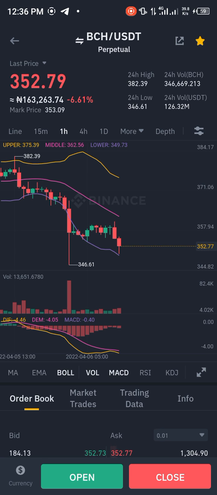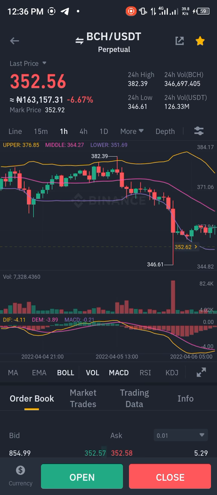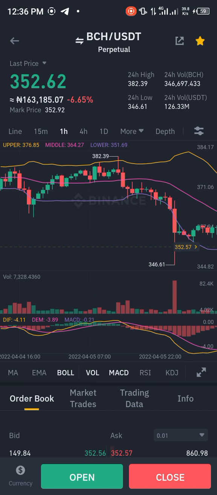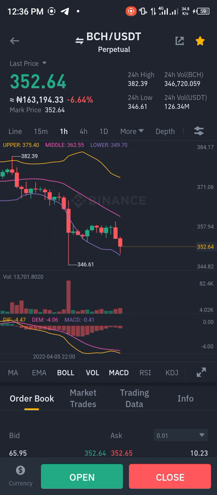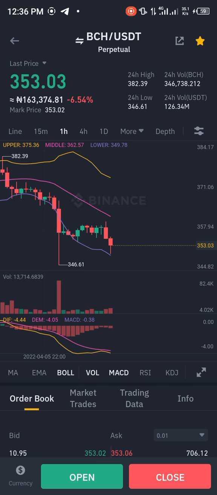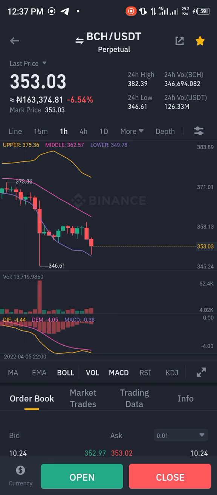It's red for now, unlike here where we have a little green around this place on the MACD. Now here is red, and it's even diverging more, showing that the market is still going further bearish. It was trying to make a comeback, but along the way maybe it met a resistance, and now it's still going more bearish, probably going to test another resistance underneath. So that is that for the MACD.